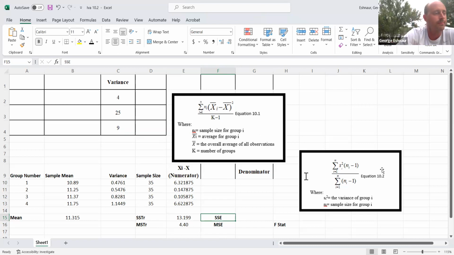But what we're going to test first is this top part, which is called the sum square of the error. So we have to do what? Follow it along. Take our variance times n, which is the sample size of the group, minus 1. So we essentially take the variance times 35 minus 1.